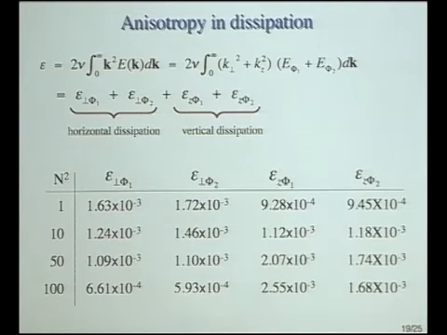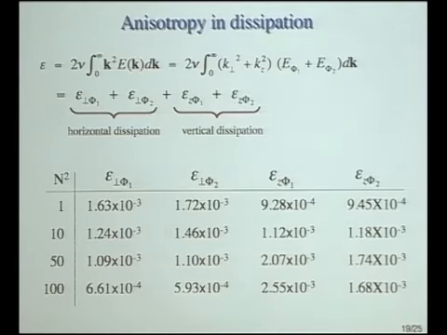And these 2 are horizontal dissipation, and these latter 2 are vertical dissipation. And these are final values of dissipations. And I'd like to point out for horizontal dissipation becomes smaller and smaller for stronger stratification. But for vertical dissipation is a little peculiar.